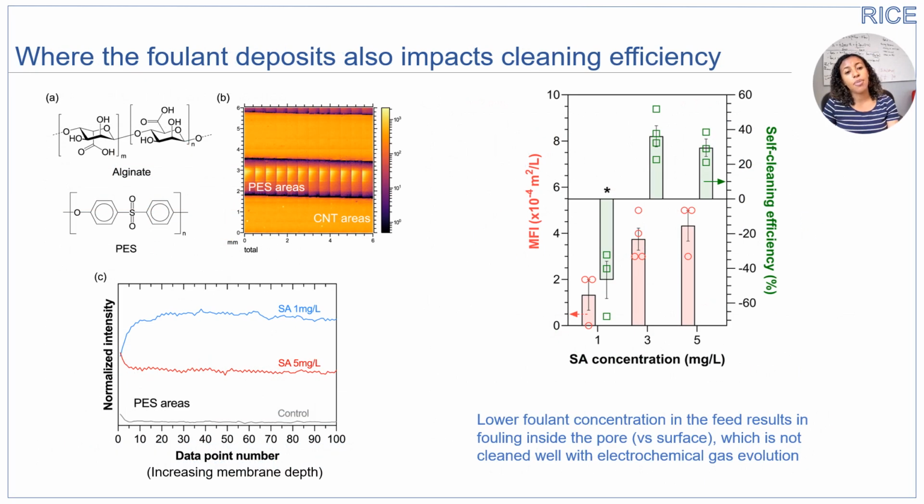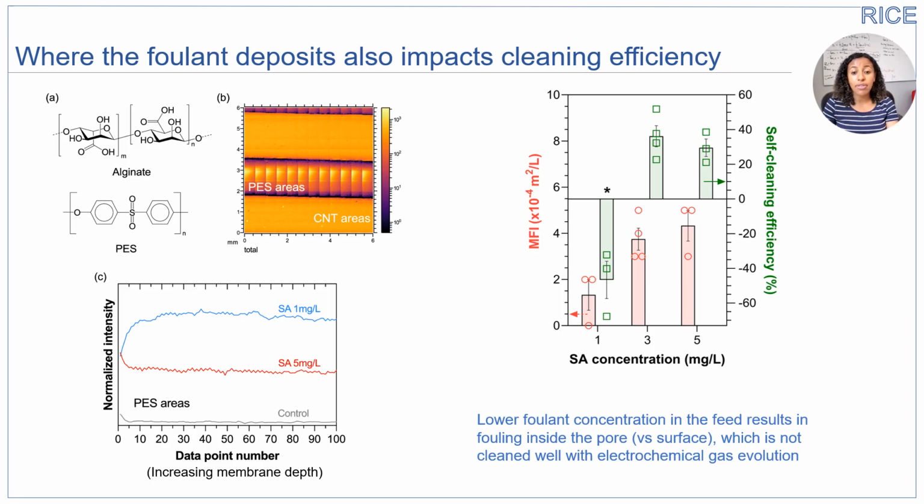Another interesting finding from our results is that where the fouling takes place, meaning whether the fouling is taking place mainly on the surface or inside the pores, has a big impact on the level of cleaning that's observed. So when we use a lower concentration of sodium alginate here, or the blue line here in the feed solution, we can see from TOF-SIMS mapping that more fouling takes place inside the pores, and fouling also takes longer, as quantified by the membrane fouling index.